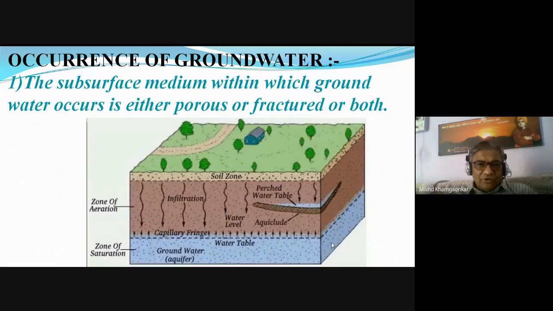This we have seen in our last unit, how the groundwater occurs. Groundwater means water which is available below the ground surface. If you go through the sketch here, you can revise what you learned in your last unit.